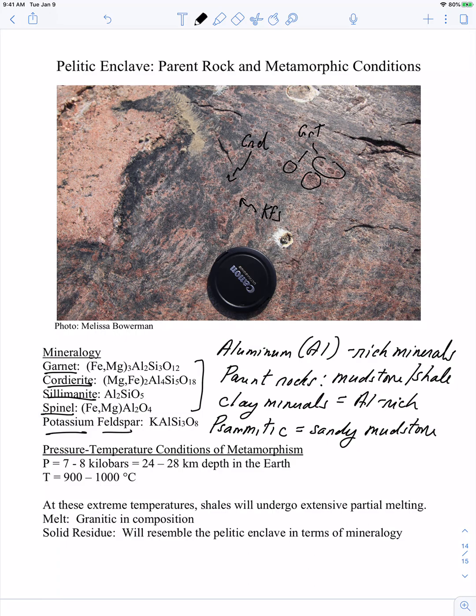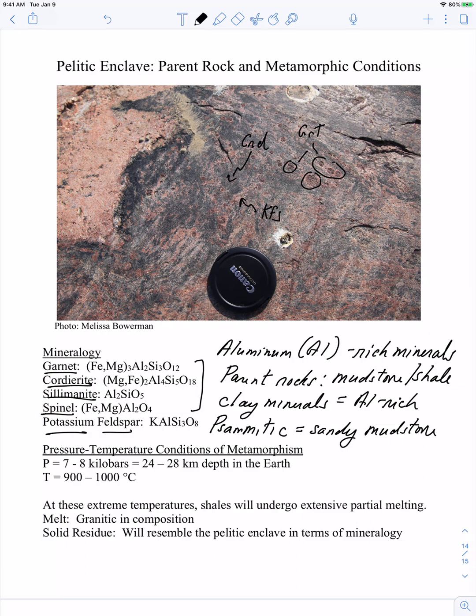If you look at the mineralogy of phase 2 granite, in addition to quartz and feldspar, which are the major minerals, there are also small amounts of garnet and cordierite and sillimanite and spinel, the same minerals that are in the pelitic enclave. The proportions are very different, but the types of minerals are actually the same.